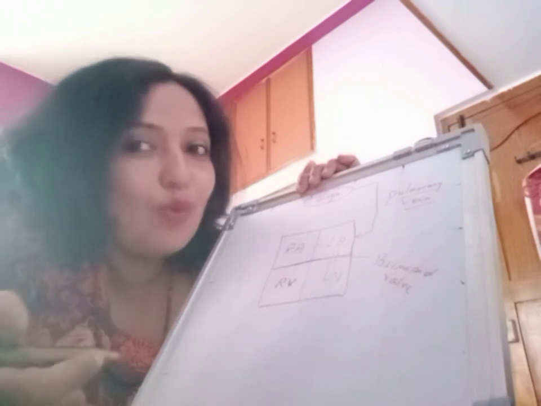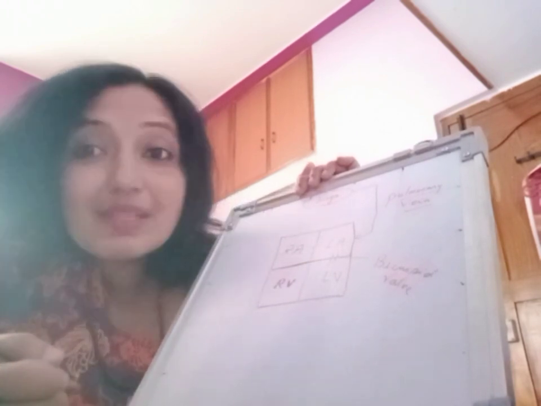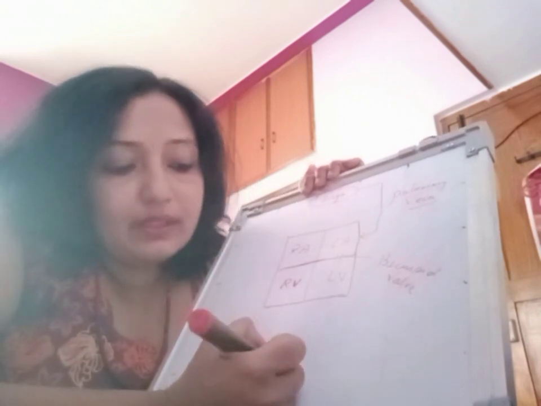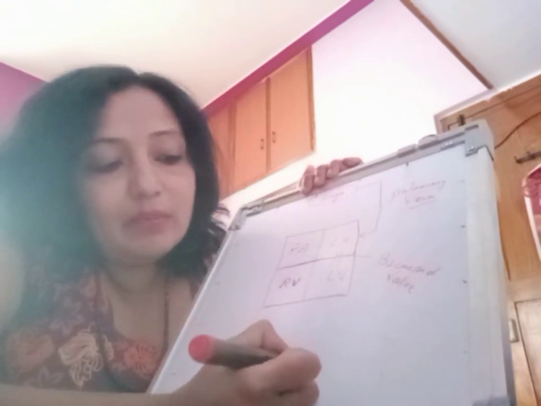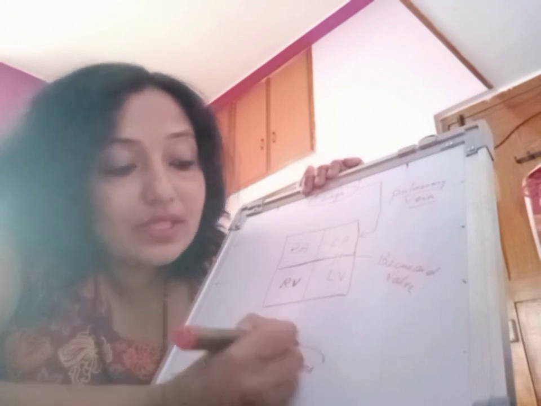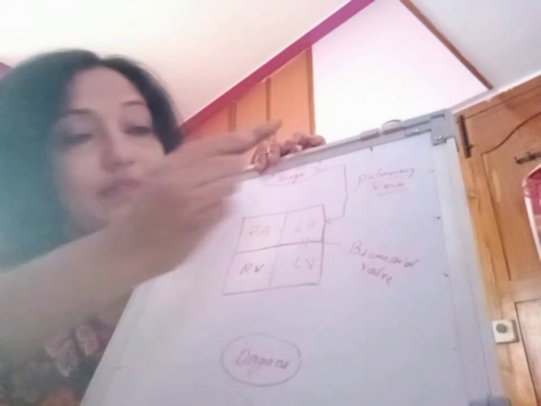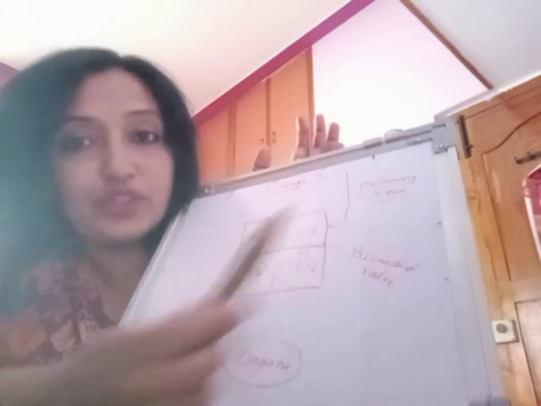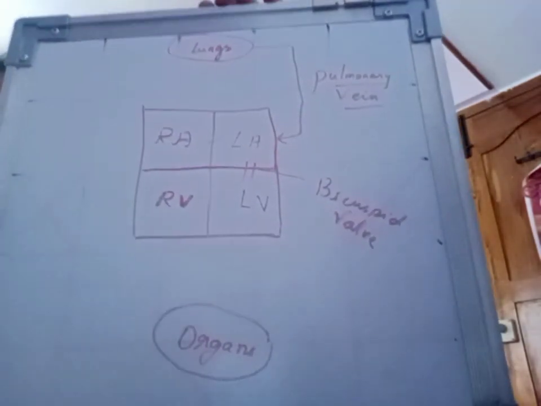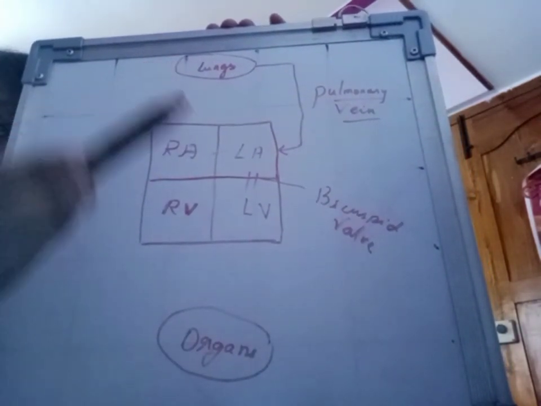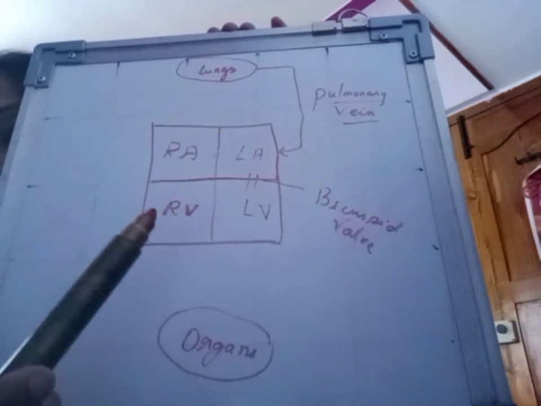Now let us learn about systemic circulation. The oxygenated blood has to travel to different organs. This is the lungs, and these are the four chambers of the heart.